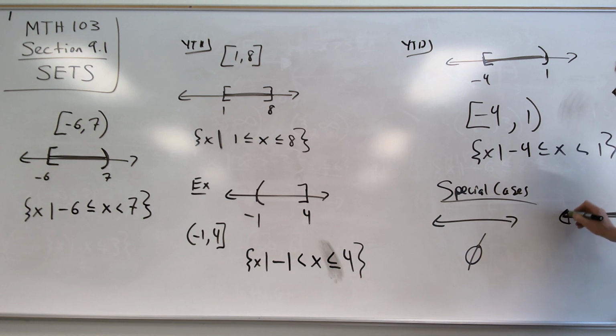Any number we plug into an equation will work. It's rare, but it happens. In which case we're going to shade the entire graph, and then interval notation is from negative infinity to positive infinity. And that solution just means all real numbers are in the solution set.